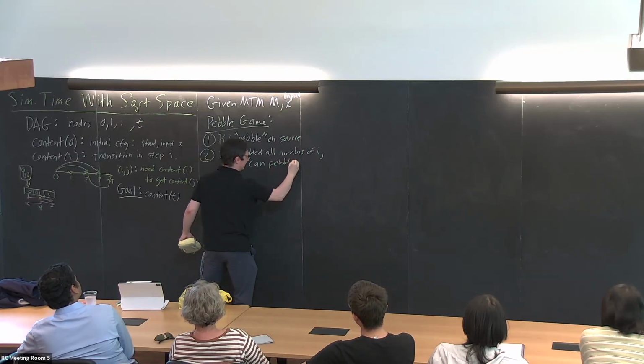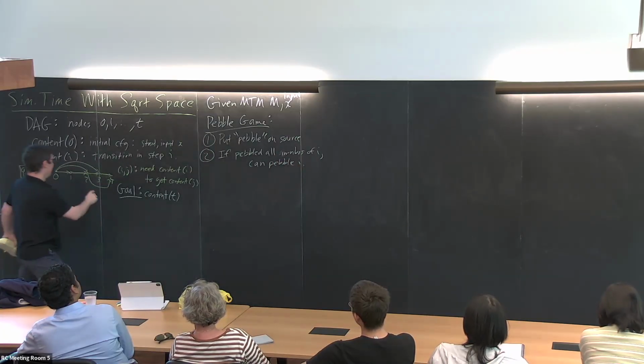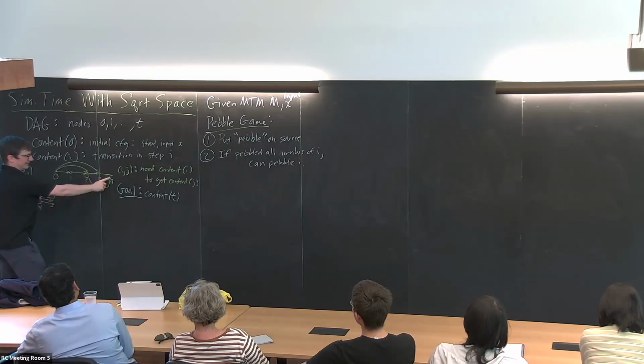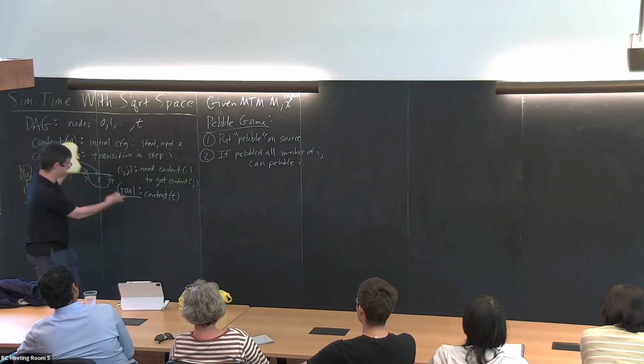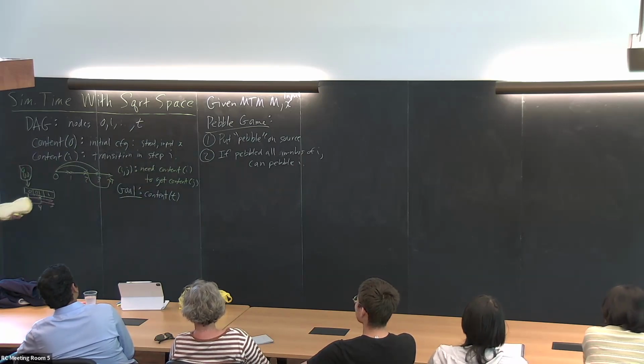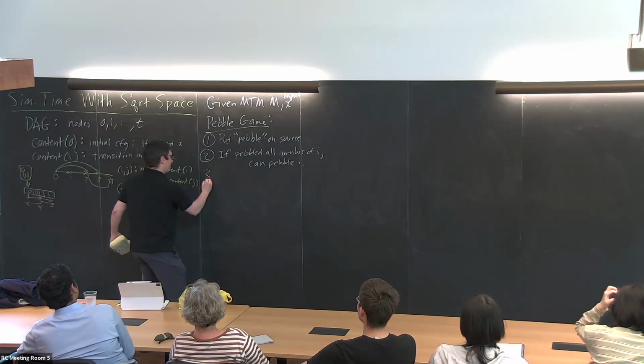So if I have a pebble on 2 and 3, I can pebble 4, for example. That's exactly how computation should be modeled. And third, I can remove a pebble at any time.